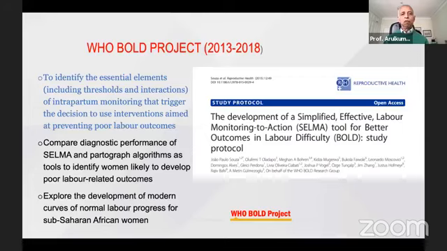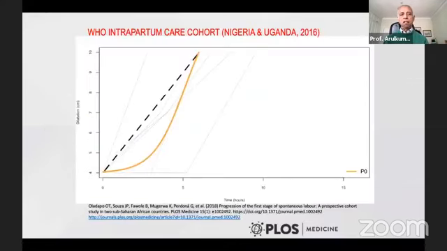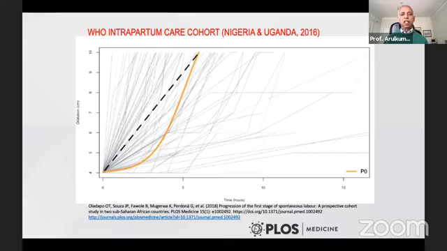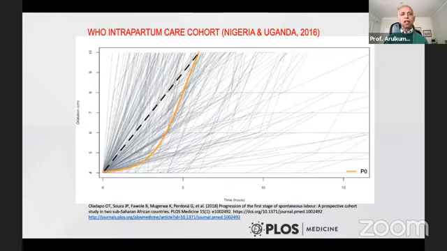So this is the BOLD project, which is actually Better Outcomes in Labour Difficulty. And this is a protocol which was published in 2015. And this is how the labor curves will look. Say, this is 10,000 women from Nigeria and Uganda, started in 2016.